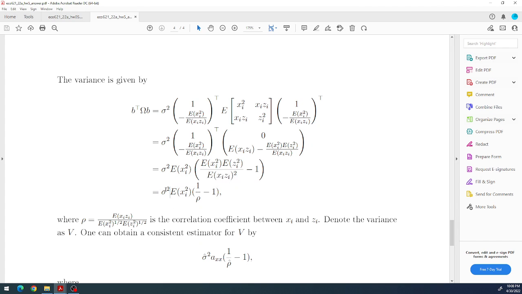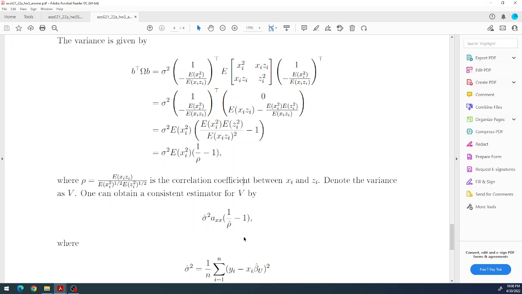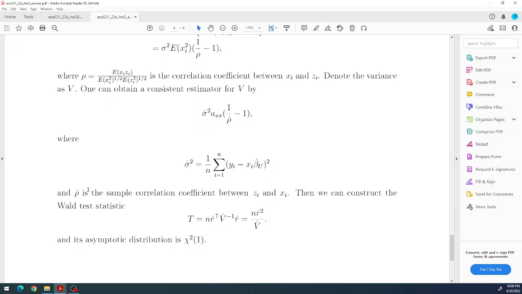Sigma squared, you know how to estimate that, and the population mean is easy to estimate, and the same correlation coefficient, you also know how to calculate that. So you may estimate the variance this way, and then the Wald test statistic is constructed this way. Here, the restriction is just one-dimensional, so you don't need to use matrix inverse or transpose. Simply, what you have is this, and actually, you do not need chi-square.